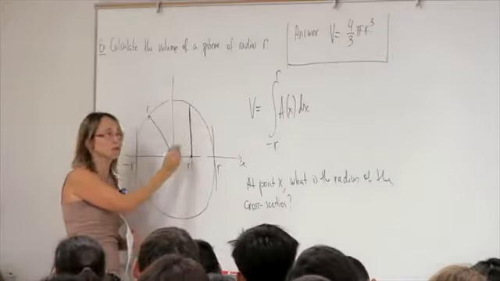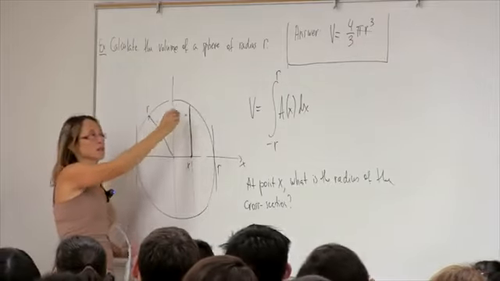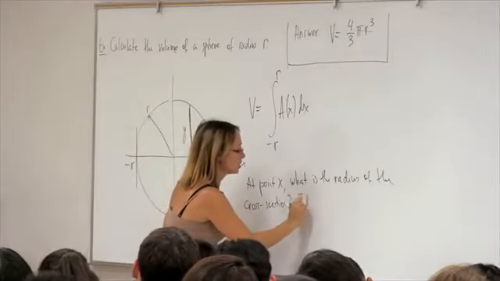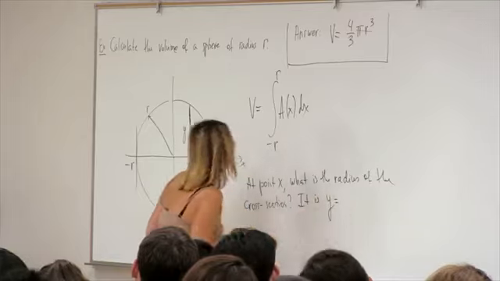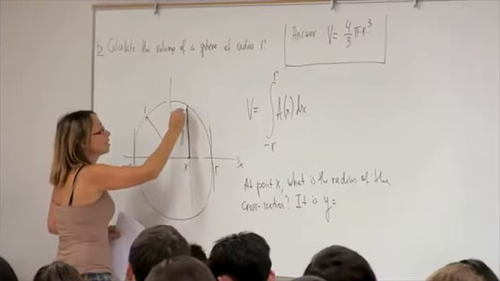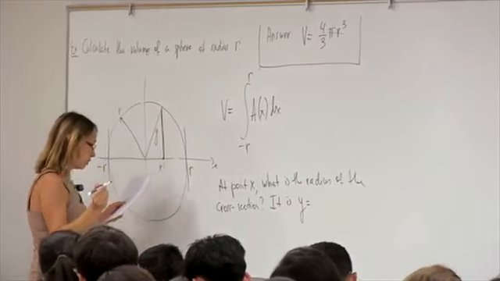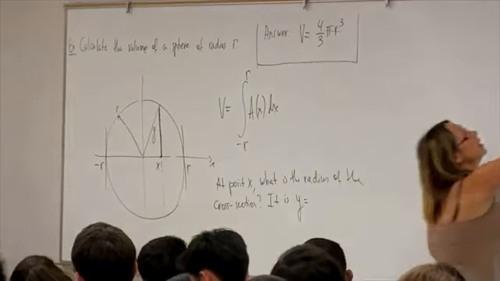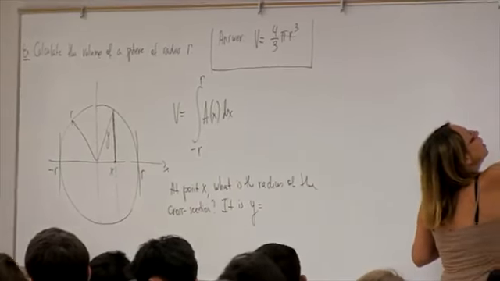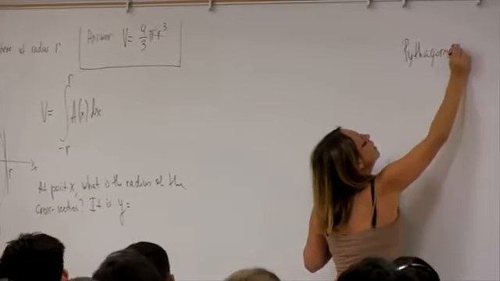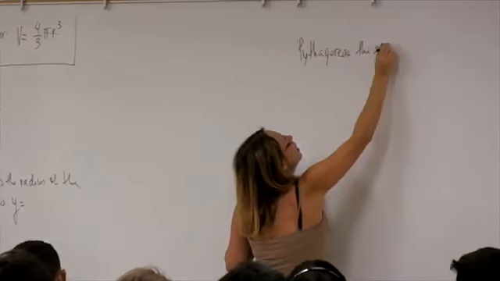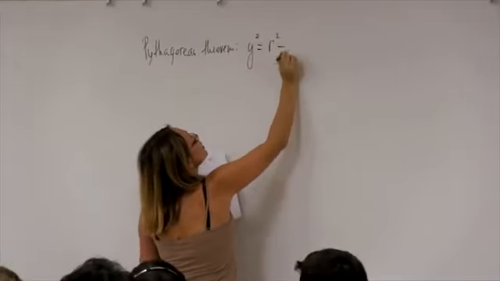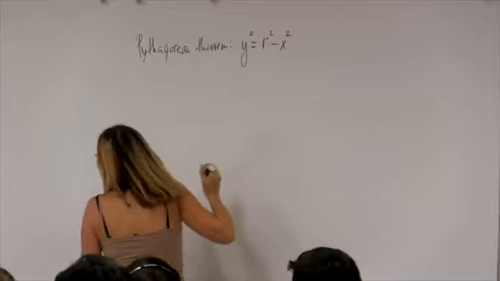This is the center of my cross section, and this is the radius. It's given by y, and we can calculate y from the Pythagorean theorem. What is y? y squared is r squared minus x squared, correct?